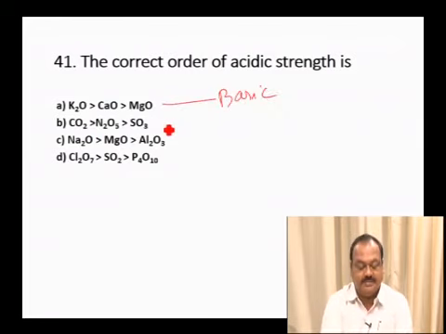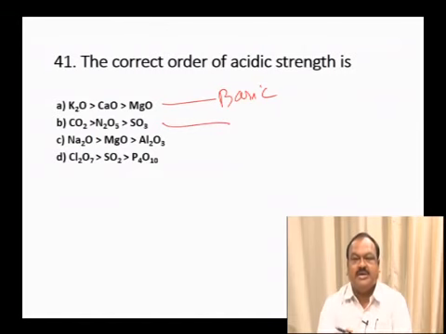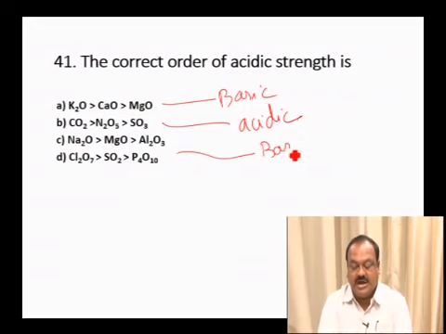Next, carbon dioxide, nitric oxide, sulfurous acid are acidic in nature. Sodium oxide, magnesium oxide, aluminium oxide: these three are basic in nature. Sodium belongs to alkali metals, magnesium belongs to alkaline earth metals. So these are all basic in nature.